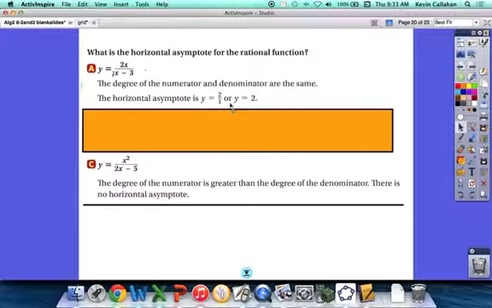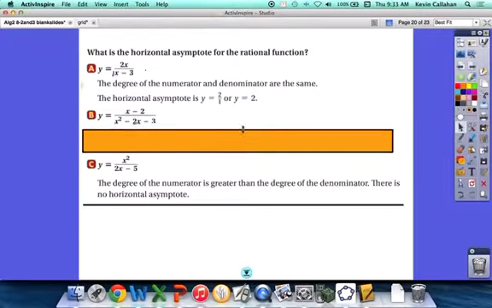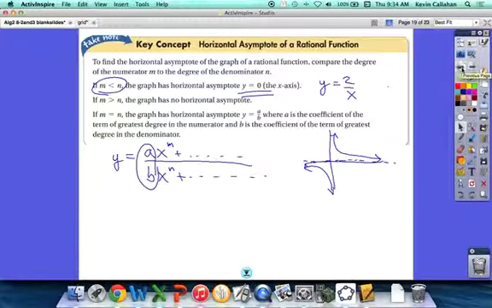Horizontal asymptotes. Next, which has the highest power, numerator or denominator? The denominator is x squared. The numerator is only x. By the rules, when the denominator has a higher power, when the numerator is less, y equals 0.